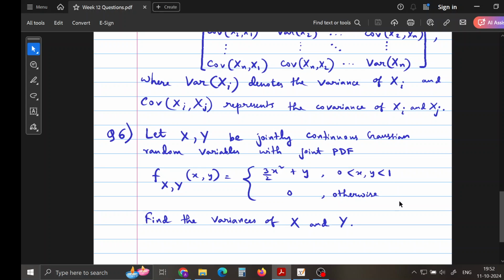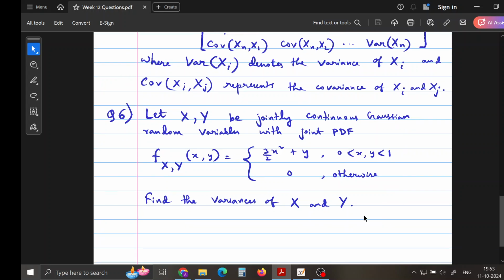So from the joint PDF, first you have to find the marginal PDFs of x and y, then correspondingly find their expectations, mean squared values and so on, and finally find their variances. So that's the process.